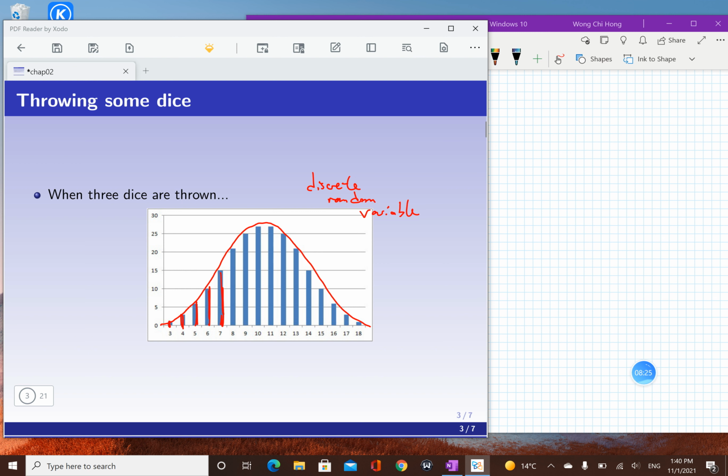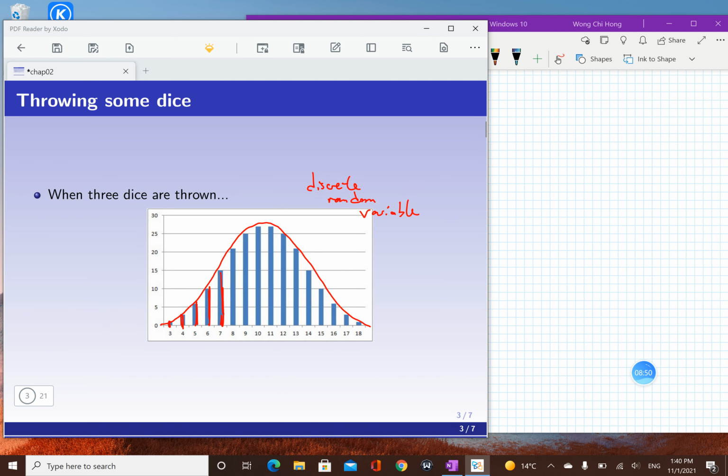The total of the three dice is a discrete random variable. But it'll give you a nice little curvy picture if you try to connect the dots together. So it doesn't make too much of a difference if you're considering the total probabilities.